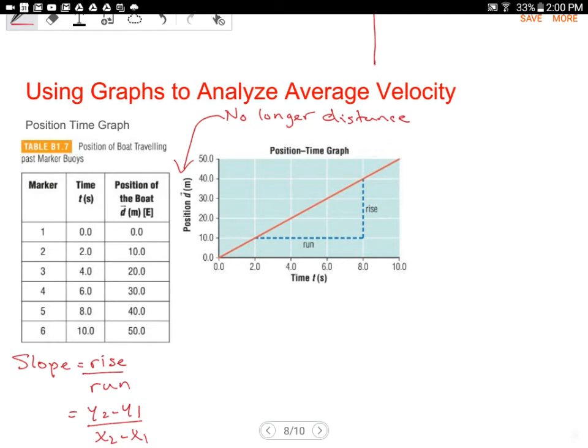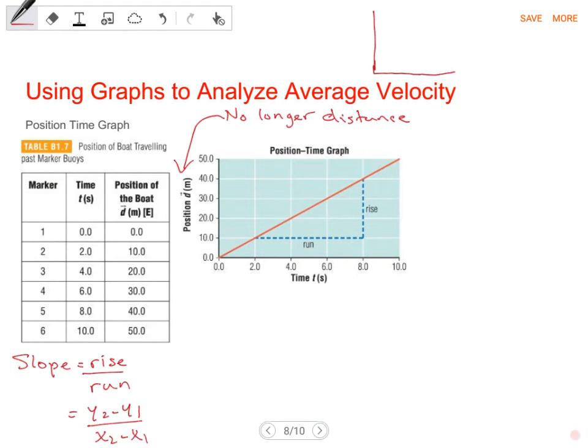In the last lesson, we had distance and time, and we had our straight line, and we could figure out the slope, and our slope allowed us to calculate the speed because we related distance and time. Very much the same for velocity, just one thing has changed, and that's right here. It is now our position or our displacement.